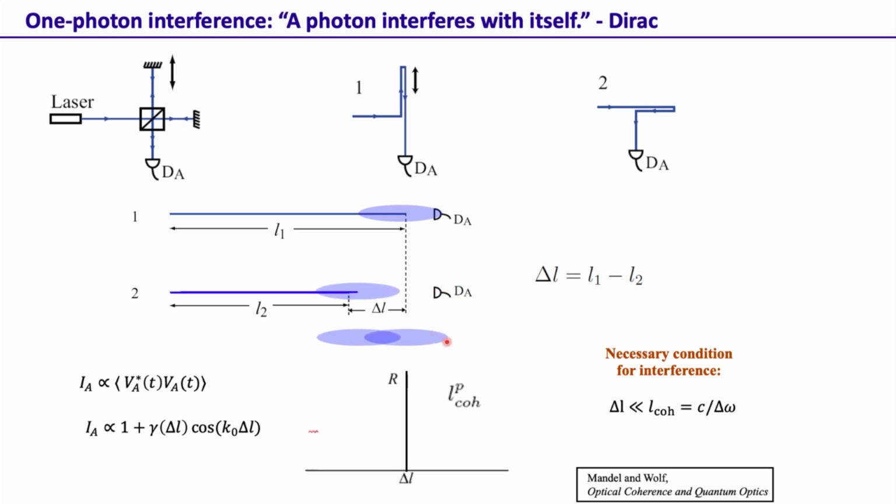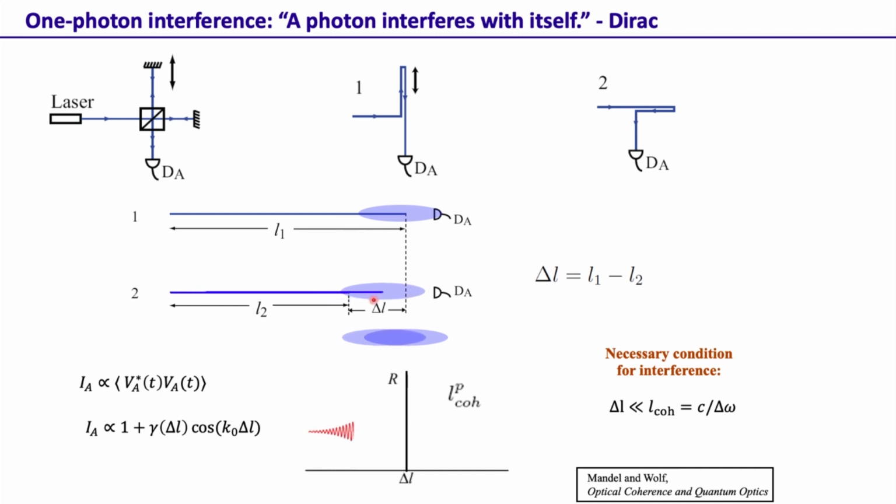When the overlap is a minimum, we see interference with much lesser visibility, and the interference goes away within this length scale, which is the coherence length of the field. So this is how we understand one particle interference: this alternative interferes with that alternative, and that is the sense in which a photon interferes with itself.